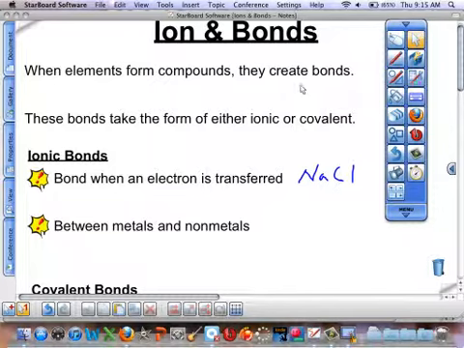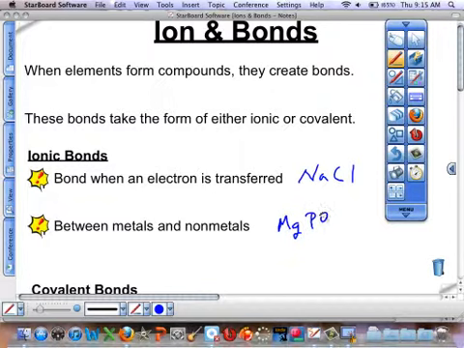Another example of an ionic bond would be magnesium phosphate. I know those numbers are not fully correct, but it's just to throw it out there. So it's magnesium with PO4, and basically what you have is a metal bonding with a non-metal compound. So that's going to be an ionic bond, and it's joining here with the PO4.